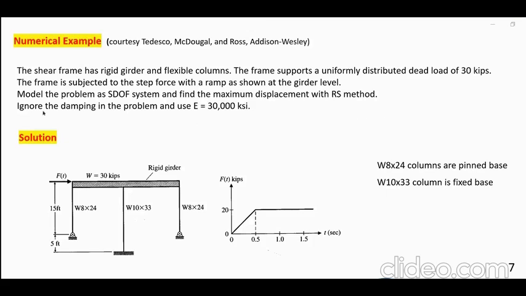So the weight of that rigid girder is 30,000 pounds. We model this as a single degree of freedom system. So the mass is basically going to be this floor, and the K, the stiffness, is going to be the sum of the stiffness of these three springs acting in parallel, basically. So beams acting as a spring. And what we want to do here is predict the maximum deflection under the sudden application of the load, but it's not quite sudden.